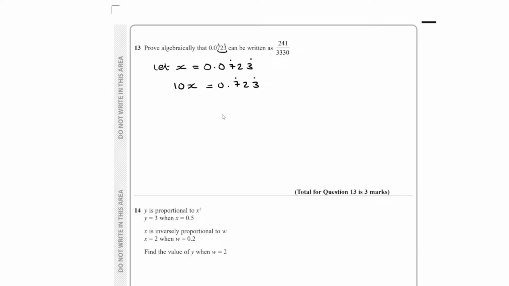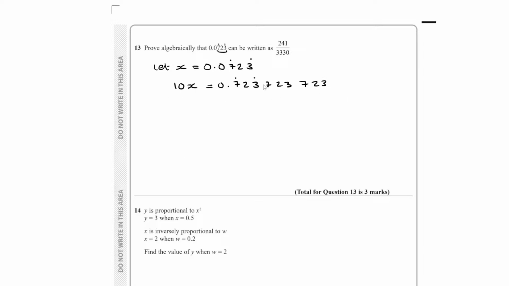But we do need 2 versions of that. So the next time that this would recur, it has to recur in the exact same order as well, is if, see how that would be 723 again, 723, is if I multiply 1, 2, 3 by 1,000, that would be the next time that it would be recurring in the same order, wouldn't it?